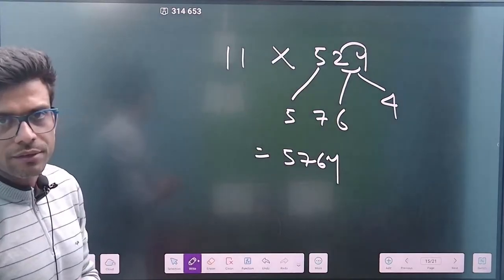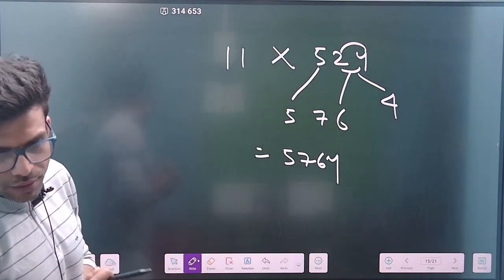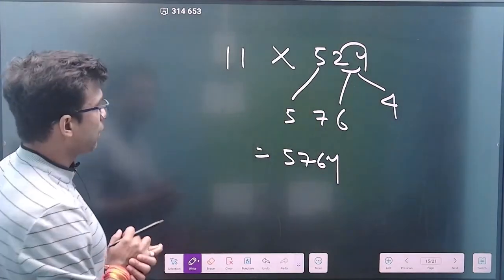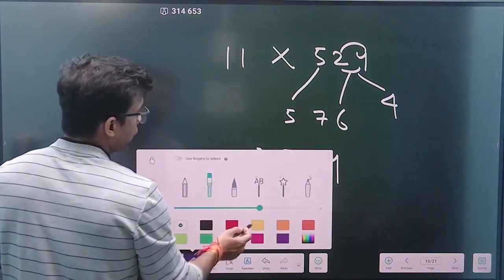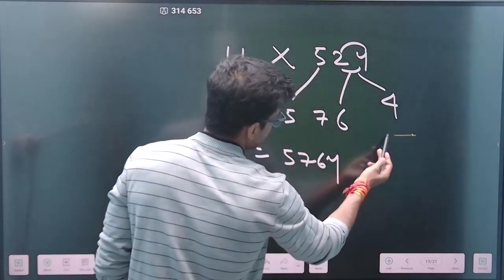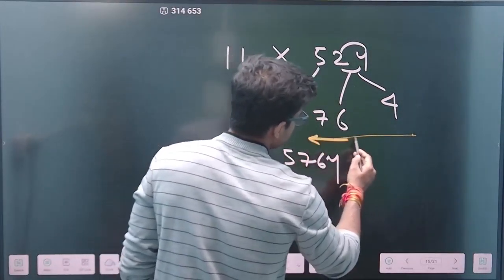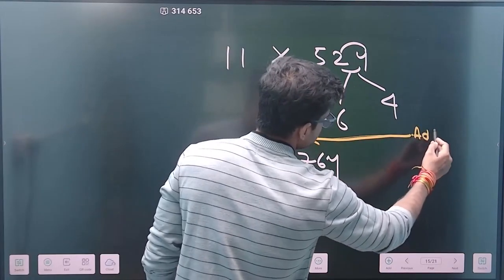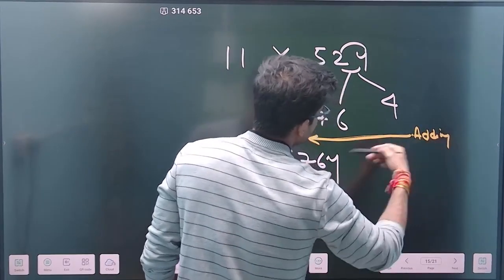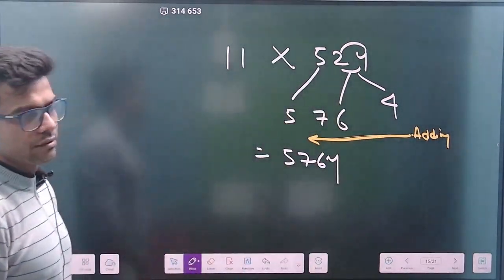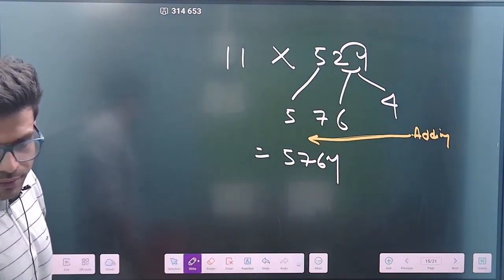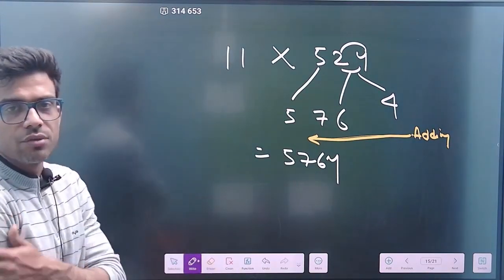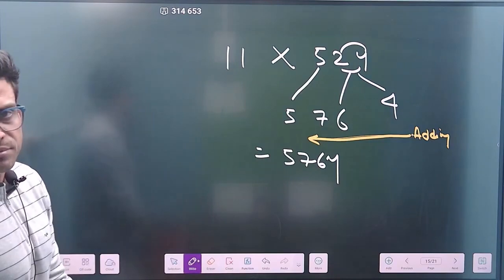I hope you guys are getting this. This is your answer. What I am doing is adding from the right hand side to the left. These are the important things which you should keep in mind.